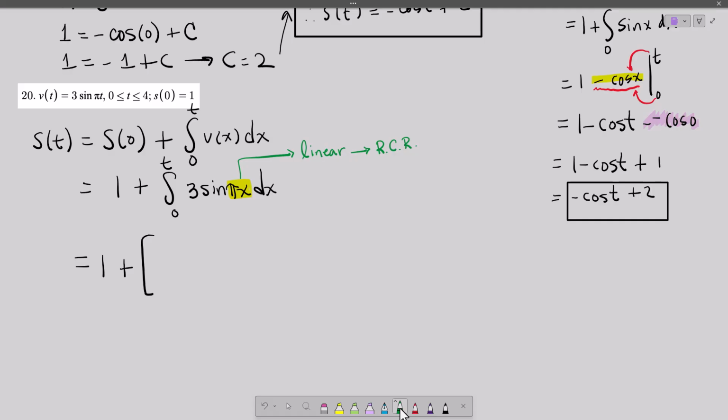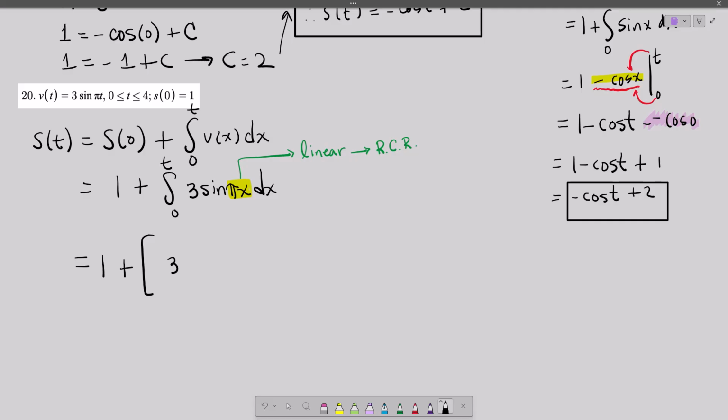Divide by the derivative of the substitution. So let's go. Constants float. When you integrate anything that has a constant in front, it just comes down. What is the antiderivative for sine? Negative cosine.